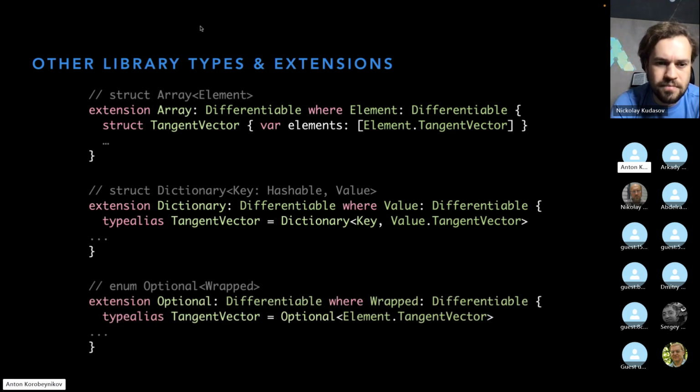And in the Swift standard library, there is also the optional type. We can also make it differentiable by declaring a simple conformance. So the optional is differentiable as soon as the wrapped type is differentiable by itself.